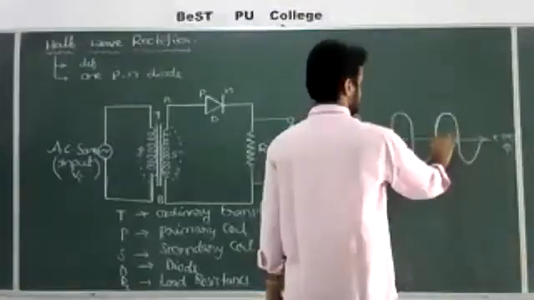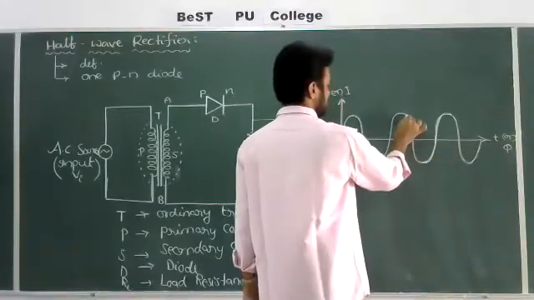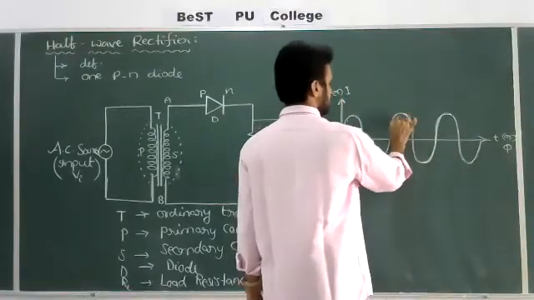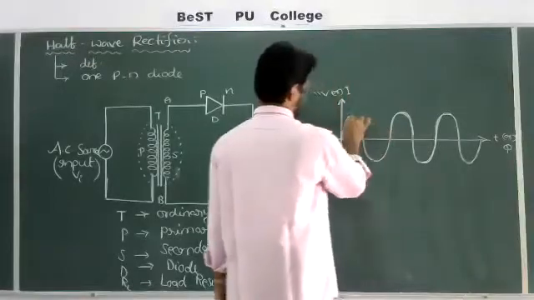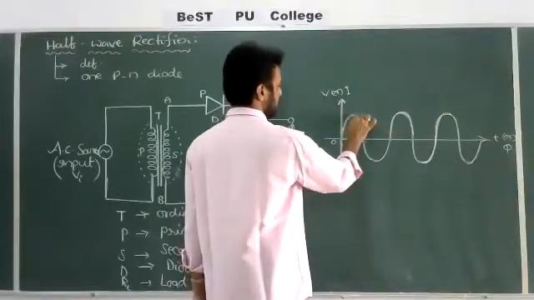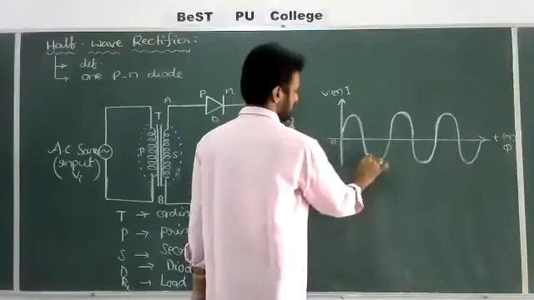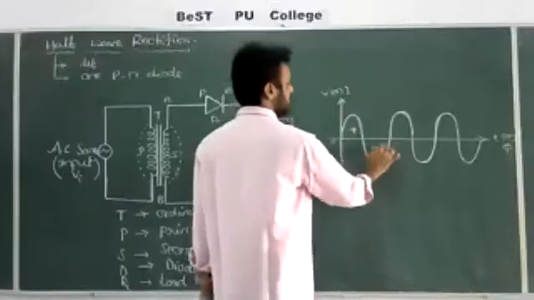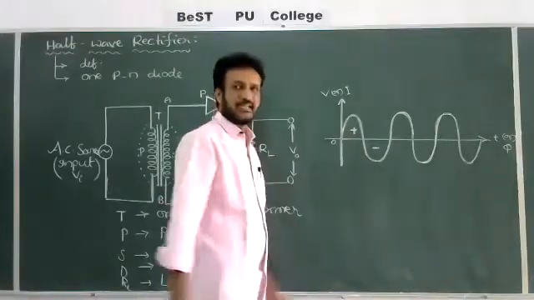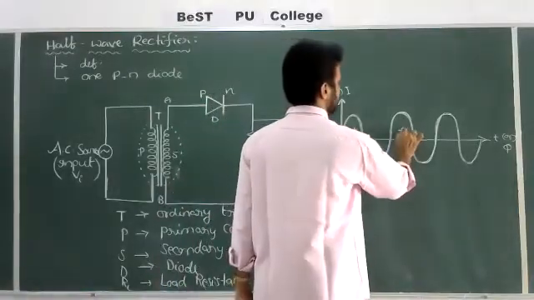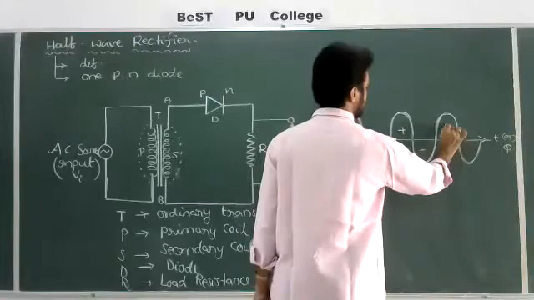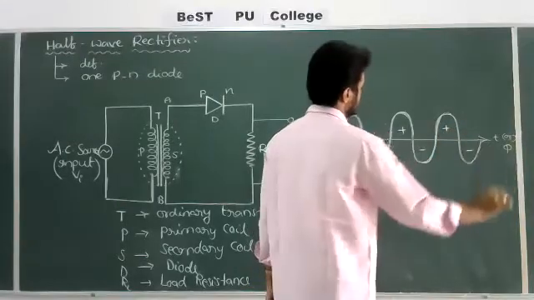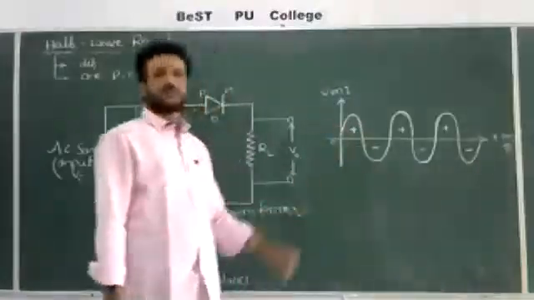So it is alternating current. For every half of the cycle, the direction of the current will be reversed, but the magnitude of the current continuously changes. During the first half of the cycle, it is plus. Next half of the cycle, minus. Again next half of the cycle, plus, minus, again plus, and also you should write minus. So it is input AC.